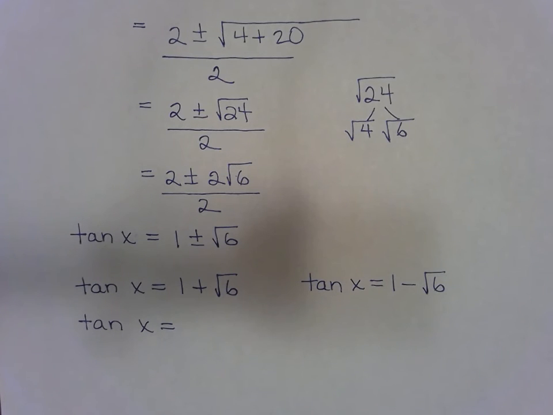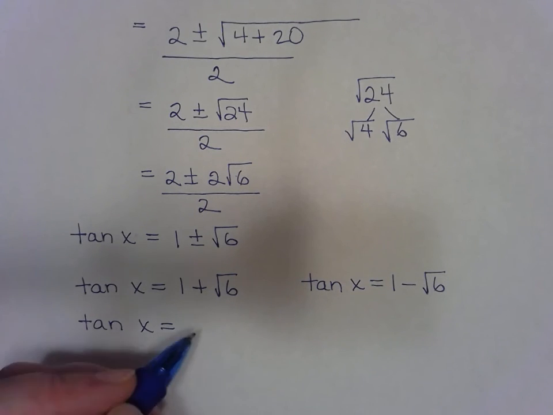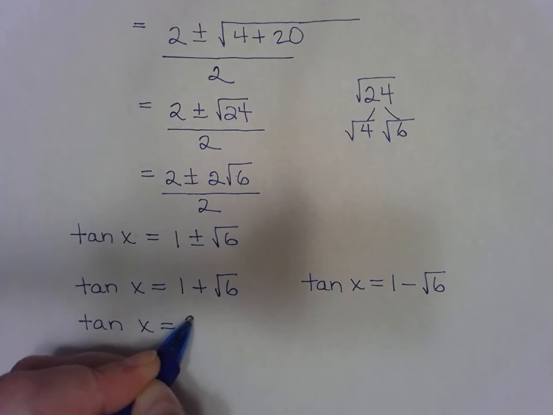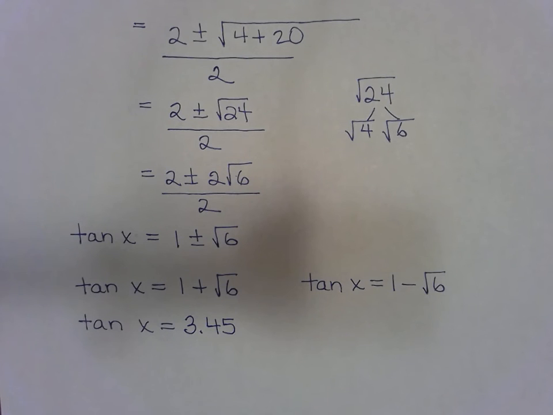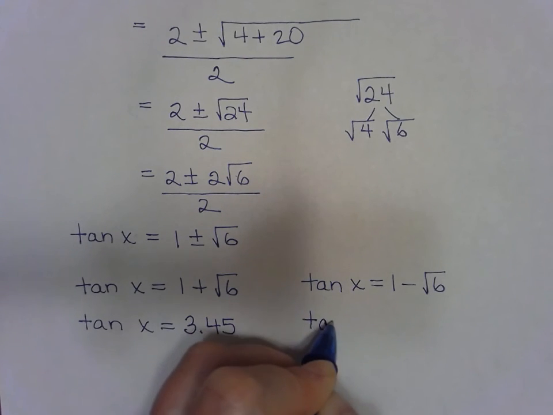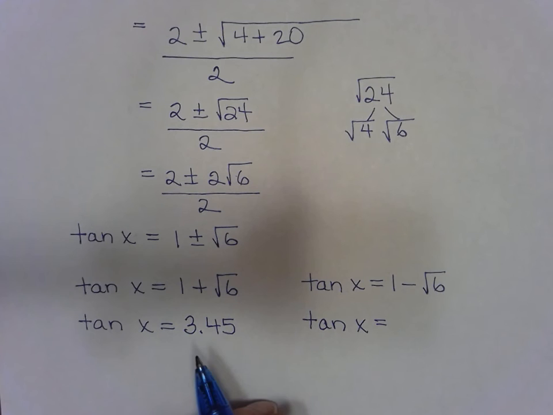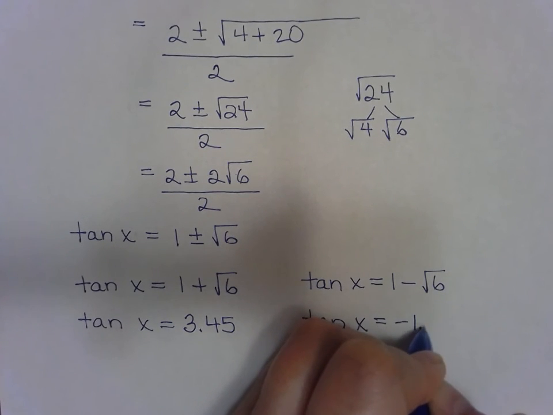I didn't bring my fancy calculators, I'm using my computer, which I'm not very good at. So this will be about 3.45, I think. Okay, let's do the same thing over here. That's going to give us negative 1.45.